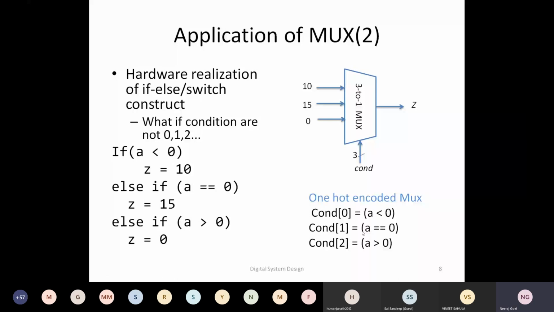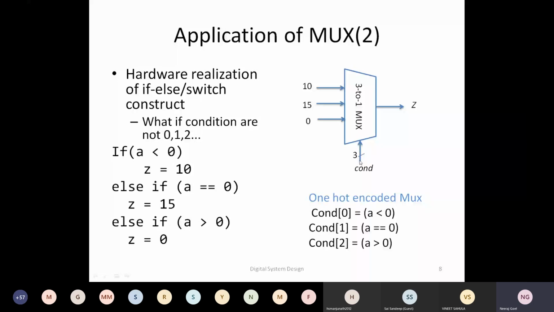But it is possible in some other scenario that two conditions are true at the same time. In that case, the design will become somewhat more complicated. We first have to have something like a priority encoder, and that priority encoder would help us in generating the correct condition bits. We'll discuss the priority encoder in some of the later slides.